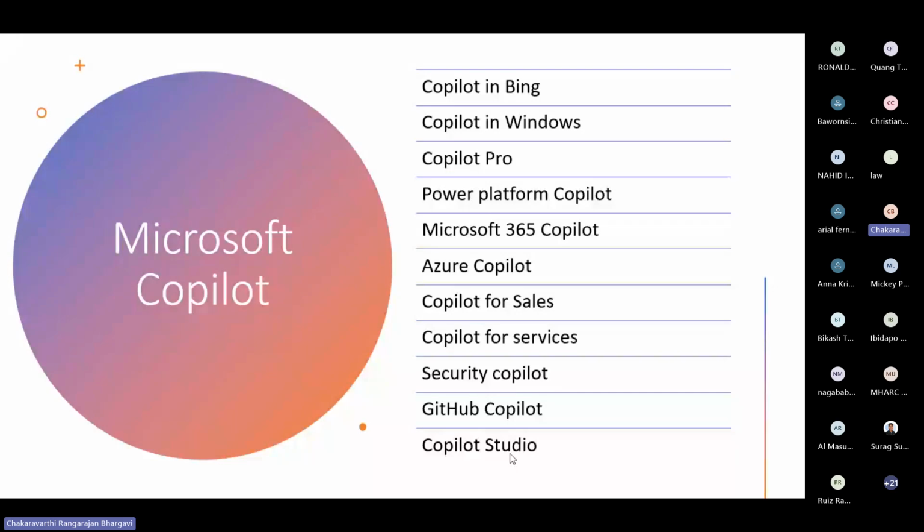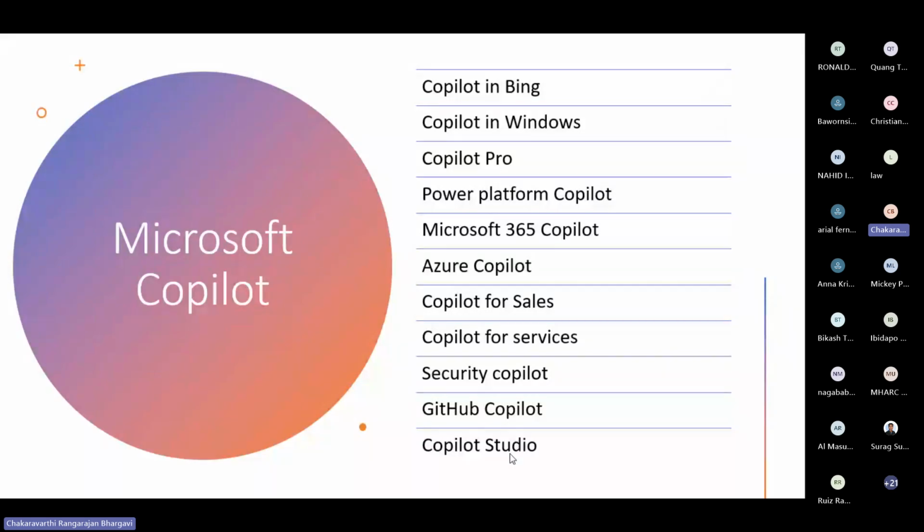And then you have Copilot Studio, which is what we will be discussing today, which acts as a virtual assistant tool, with development of code and everything done with the help of GitHub Copilot.